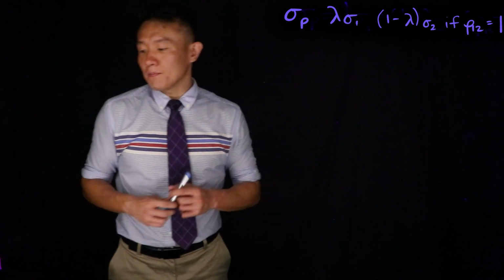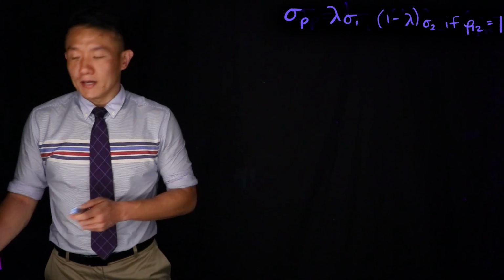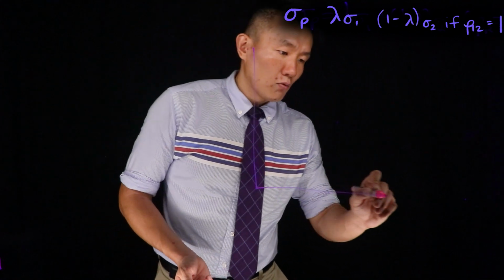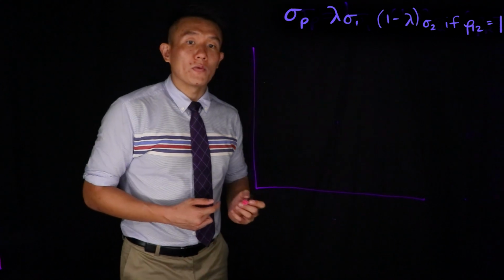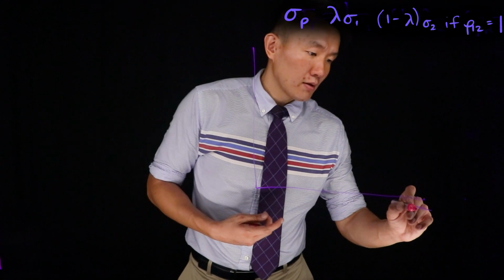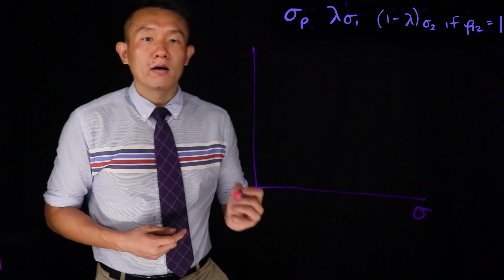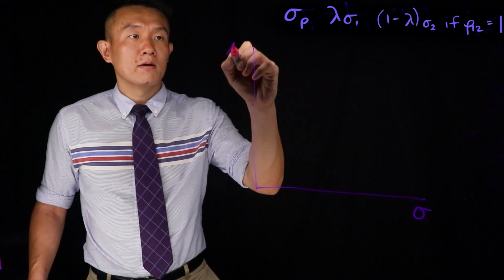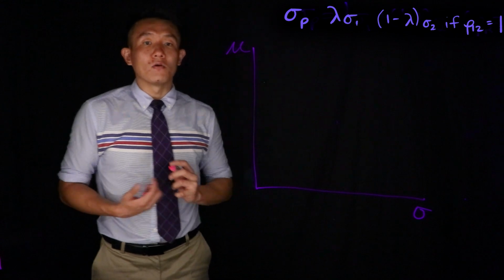So what does this mean? Let's think about plotting the range of portfolios that we can make using stock 1 and stock 2. We have the standard deviation on the x-axis, and we put the mean on the y-axis.